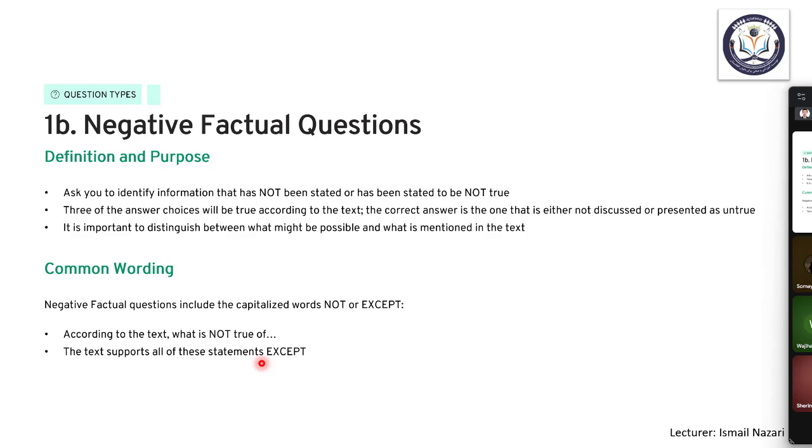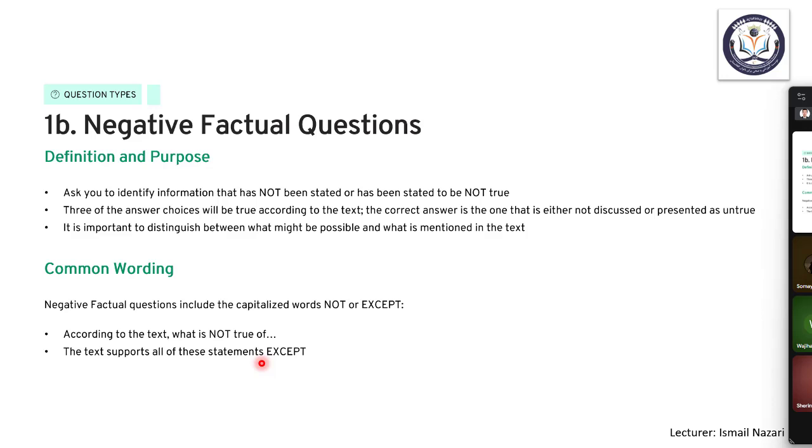as it clearly shows, the common wording which is used for negative factual question uses the word not or except. It's clear. So one of the ways to distinguish whether the question is negative factual question or factual question is these two words.